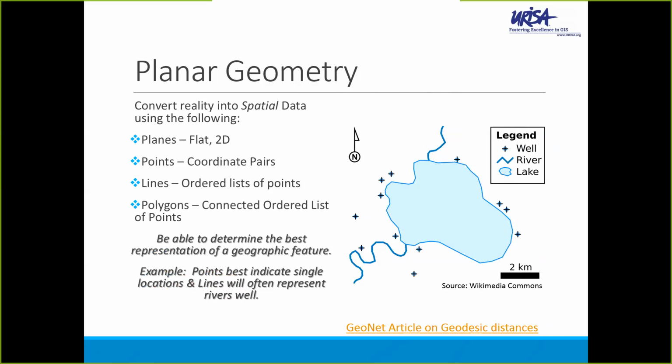Planar geometry. This converts reality into spatial data using the following. Planes are flat, 2-dimensional. Points are coordinate pairs, lines are an ordered list of points, and polygons are just a connected ordered list of points.